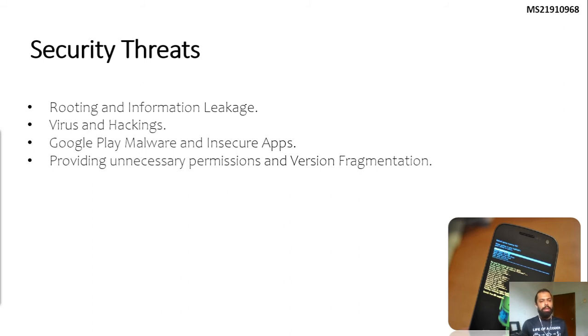The next part is version fragmentation. While Google incorporates the latest security fixes into the latest version of Android, not every Android device runs the latest version of the operating system.